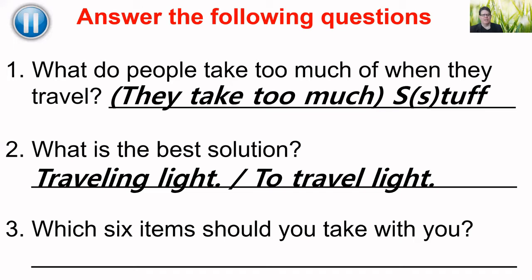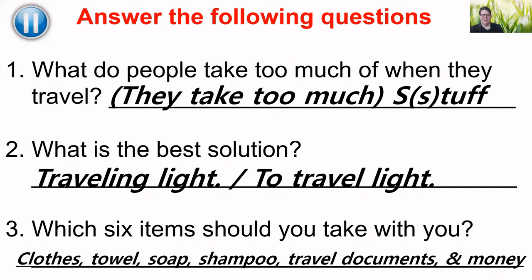Okay, and which 6 items should you take with you? These are the important items that even when you are traveling light, this is what you should take with you. They are clothes, towel, or towels, depending how many of you are on the trip, but it should be 1 towel each.